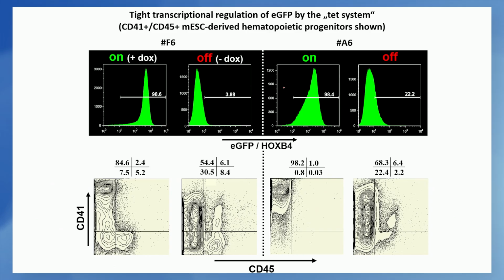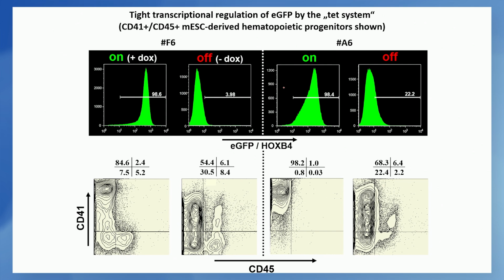This is just showing some data here. When you put doxycycline on the cells, this is a flow cytometry diagram, you find a shift showing that the cells are green. So if you would look through the microscope, you would see green cells. Without doxycycline, it's not being induced, it's off. And these are just two different clones showing that.